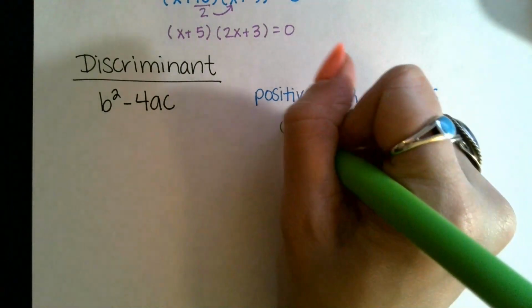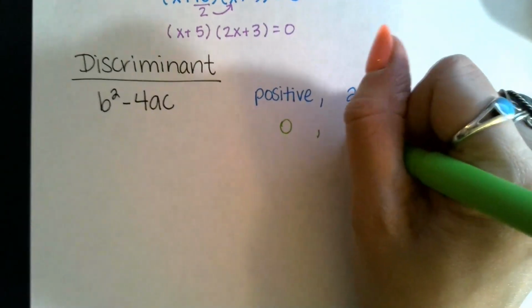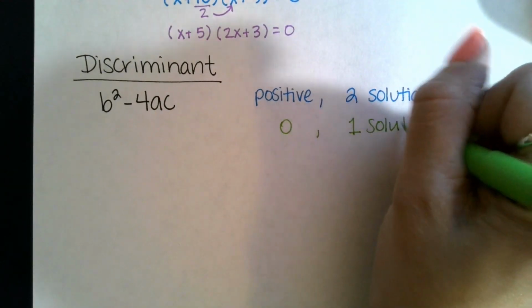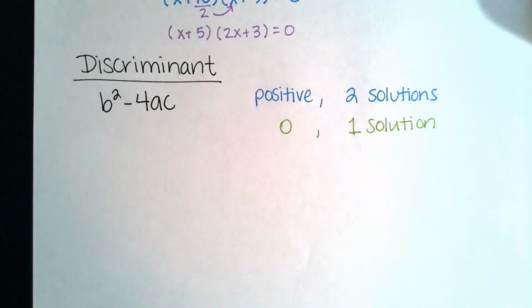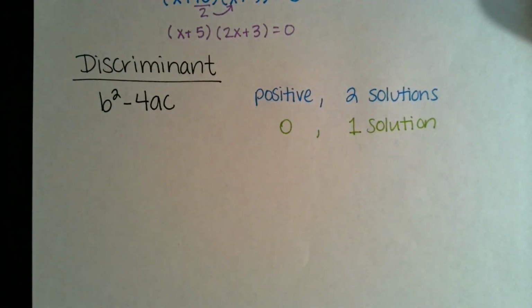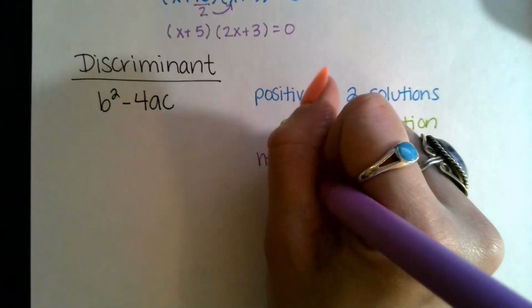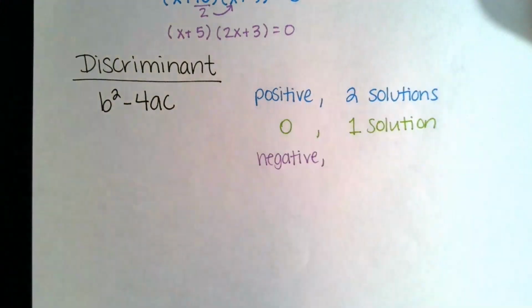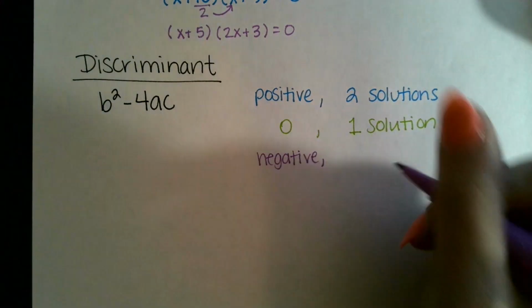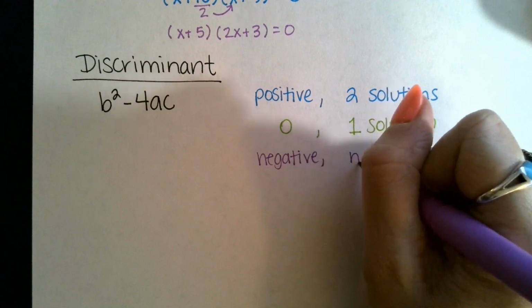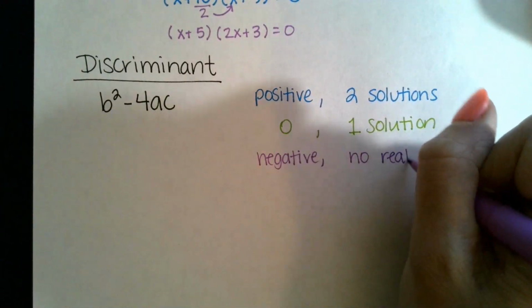If you plug it in and it's 0, that means there's one solution, which quite truly means that the vertex is on the x-axis. If the discriminant is negative, it does not touch the x-axis, and there are no real solutions.